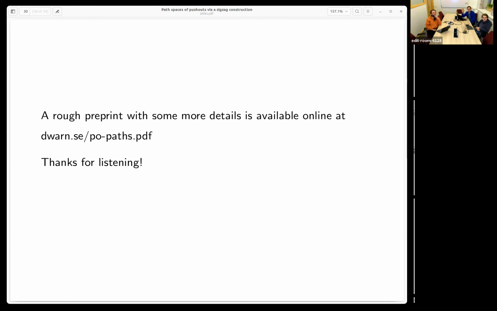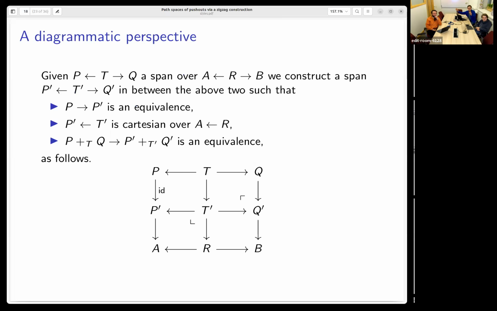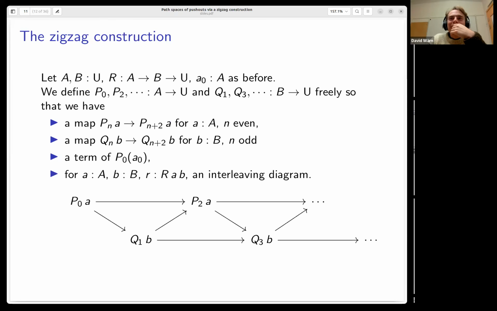Okay, yeah, so I have a silly question. When you call it the zigzag construction, what exactly does zigzag refer to? Because on the one hand, you have a zigzag of edges that build up a path, and on the other hand, you have this nice diagram with a zigzag in it, right? Yeah, this is a tough question.